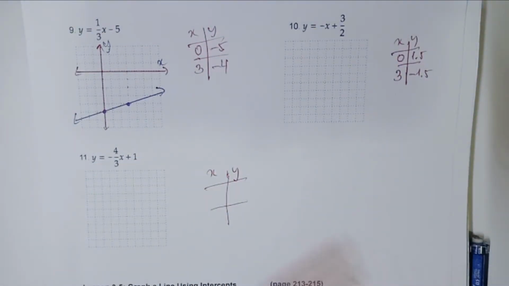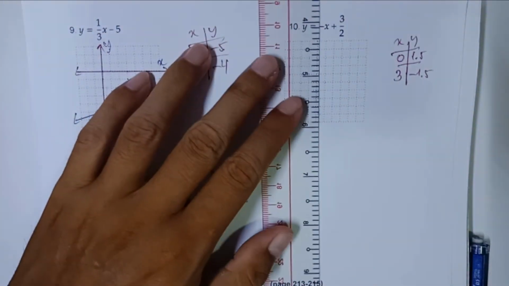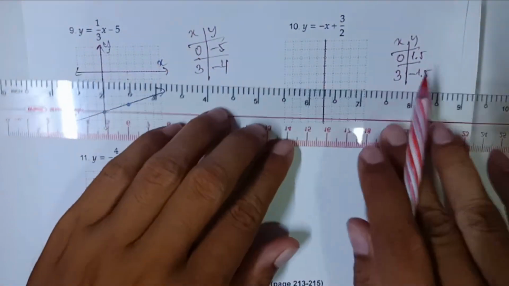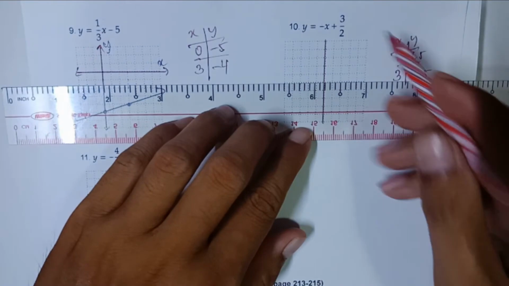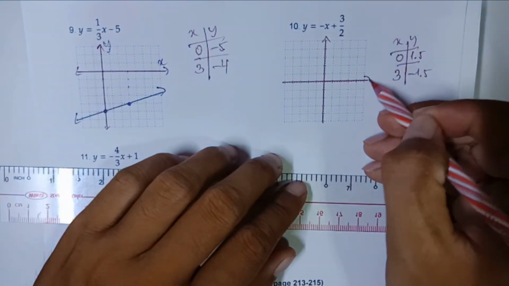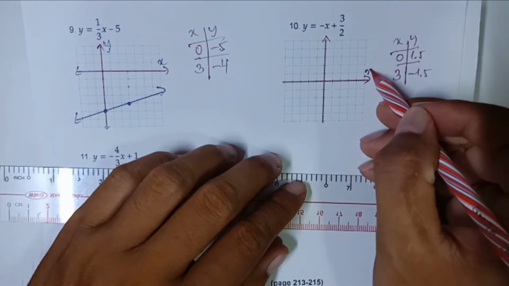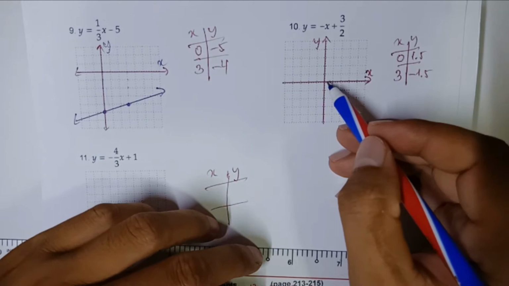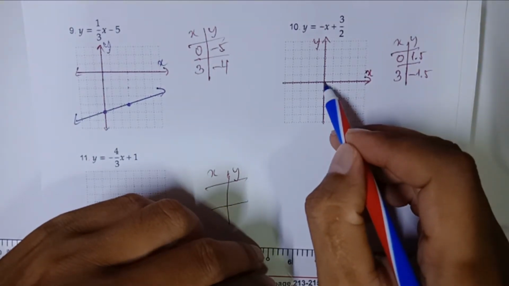Now let's graph this. X, you have y. Okay, now when x is 0, y is 1.5.